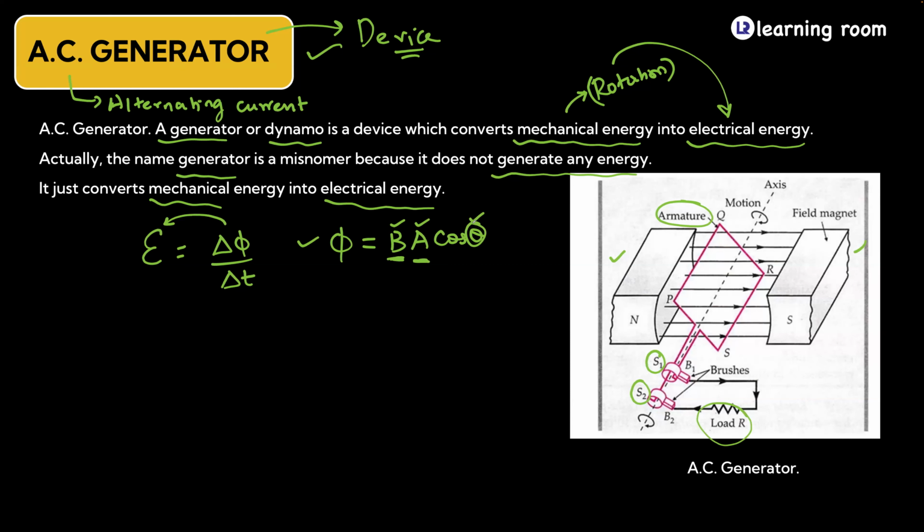Okay. Having said this, now let's try to understand what is going to be the value of the EMF that is going to get generated in this case. So if I take this theta and I say that this coil is rotating with an angular velocity omega. Let's say the coil is rotating with an angular velocity omega. Then what is going to be the relation between the angular displacement and omega?